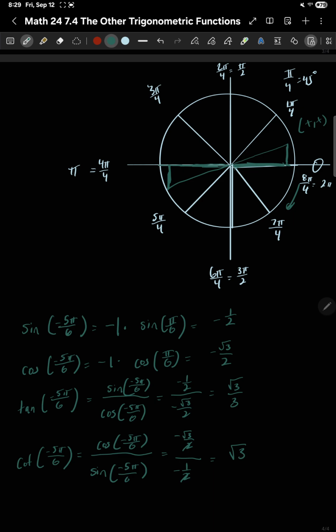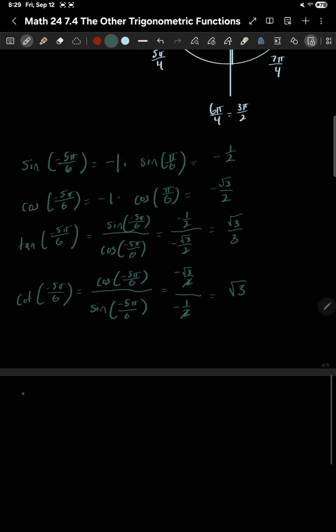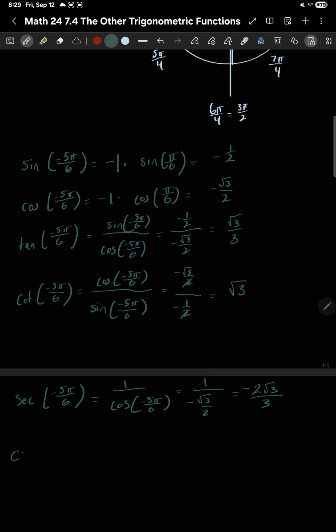And that's only because both sine and cosine are negative. And then we have secant of negative 5 pi over 6, which is equal to 1 over cosine of negative 5 pi over 6. And so we have that value over there, 1 over the square root of 3 over 2, but negative. And so we're just going to end up with 2 square root of 3 over 3, but negative. And this is just doing algebra. Just kind of skipping that for this one because we just did it in the previous problem.